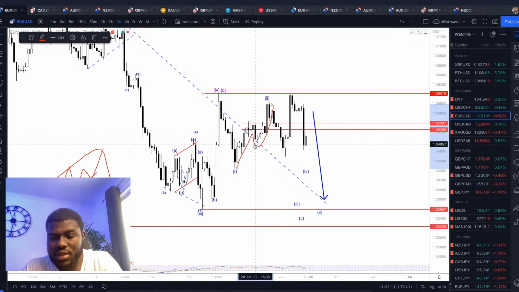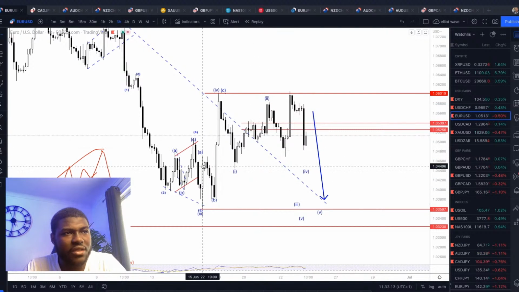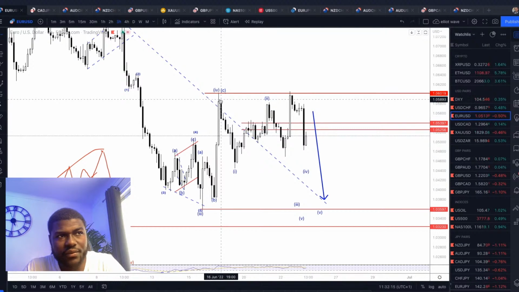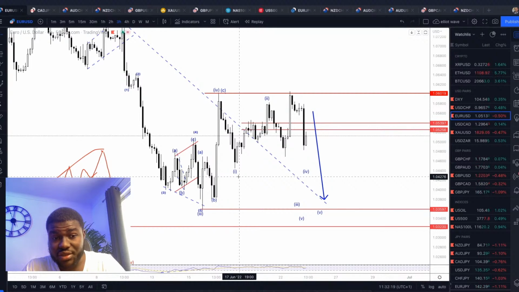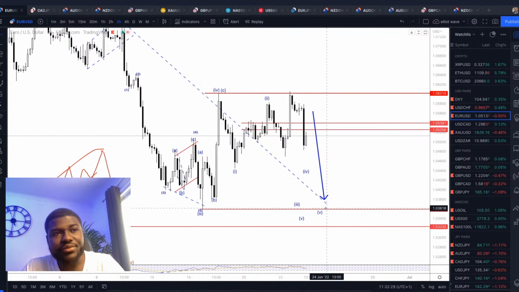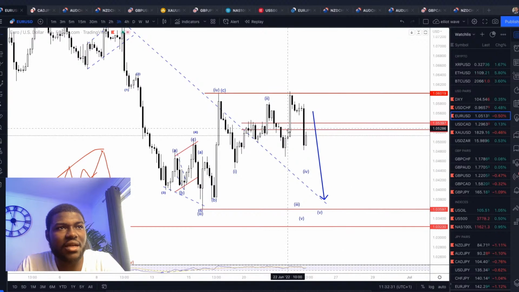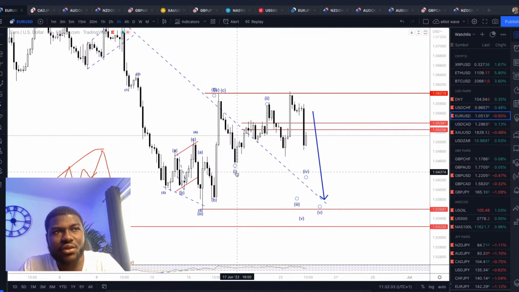So this is the first correction. You see, it moved down. It's a little bit tricky, isn't it? Then we have this ABC to the upside, then we see this breakdown. That's how the market moves at times. So that will now make me remove all of these 1, 2, 3, 4, 5 that I put here. It's not useful.